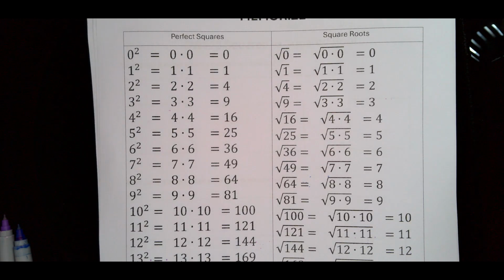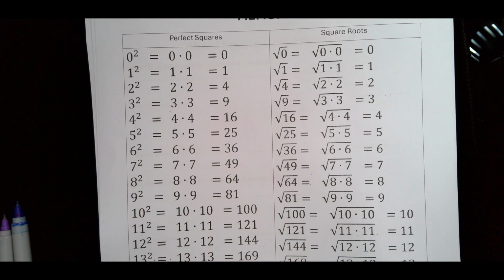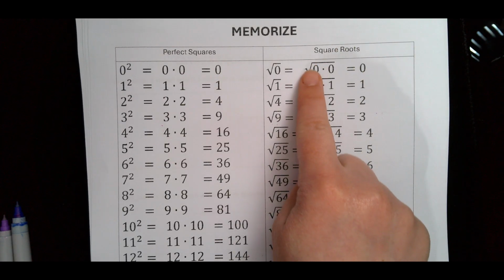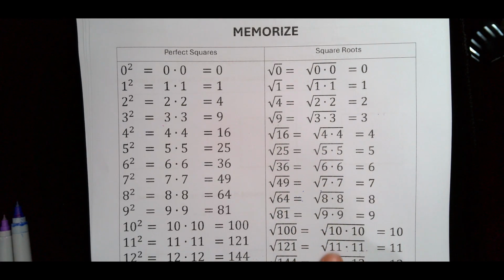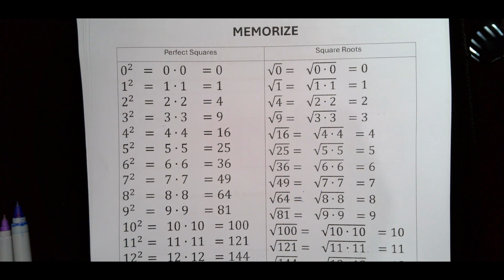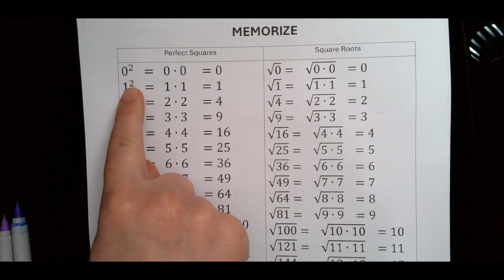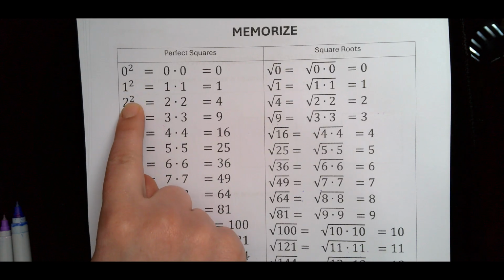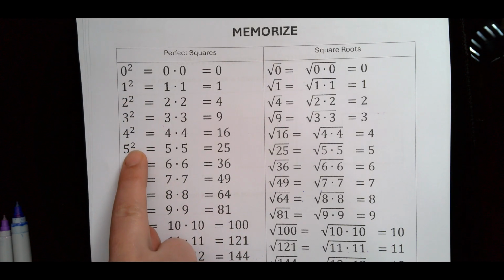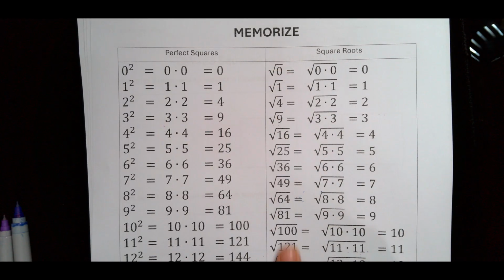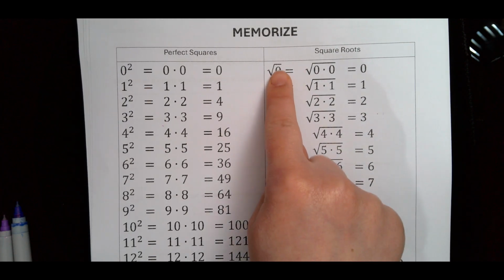When I am asking you to expand, these are your expansions. Notice the difference between a perfect square, where you have an exponent of 2, versus here where we have our square root symbol.